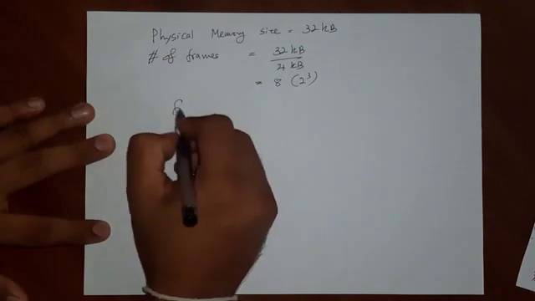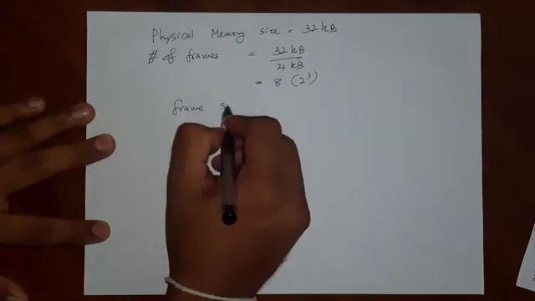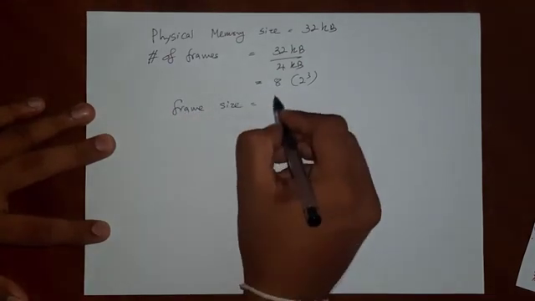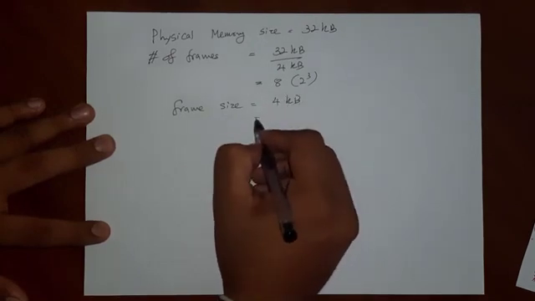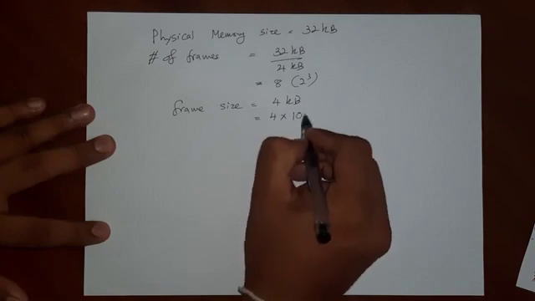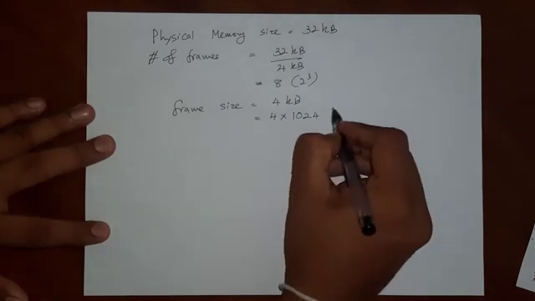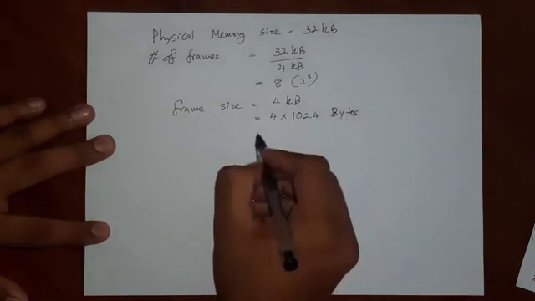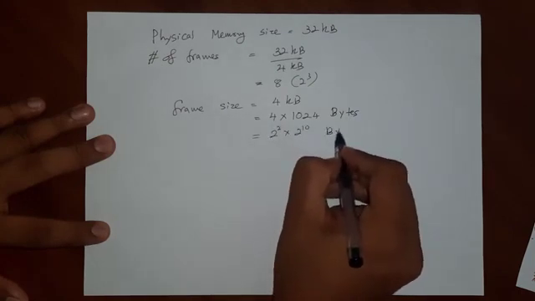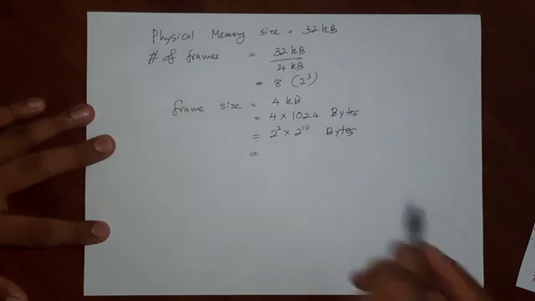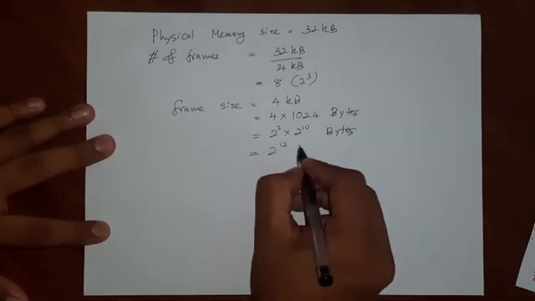Then you know the frame size is equal to the page size. It is 4 kilobytes, 4 multiplied by 1024 bytes, 2 to the power 2 multiplied by 2 to the power 10 bytes, which means 2 to the power 12 bytes.